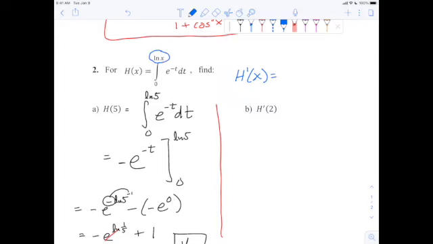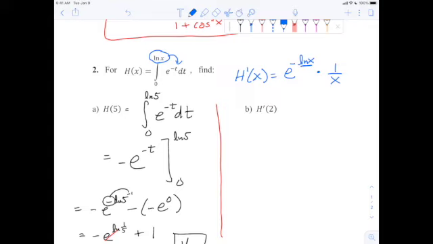We're not going to actually integrate this because I'm just going to plug in ln of x in place of t. So it's going to be e to the negative ln of x, but then you have to multiply by the derivative of what you just plugged in. The derivative of that upper limit, that ln of x. And the derivative of ln of x is 1 over x. Okay, so there's your h prime.